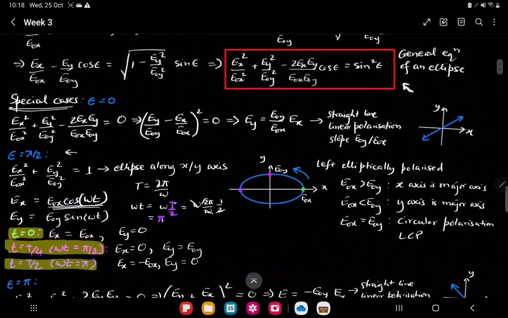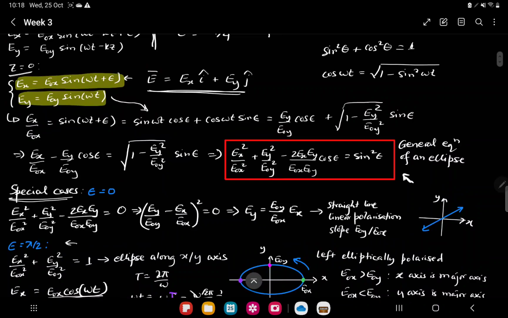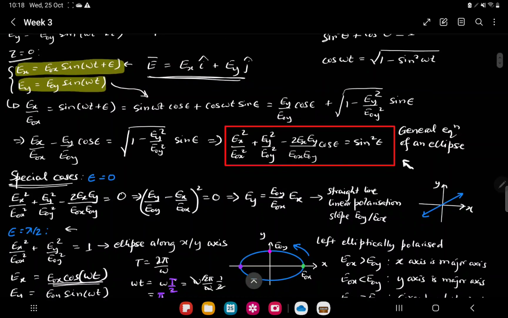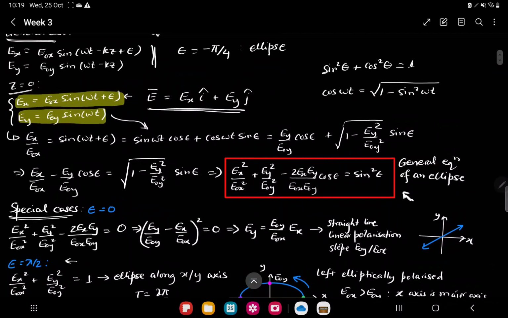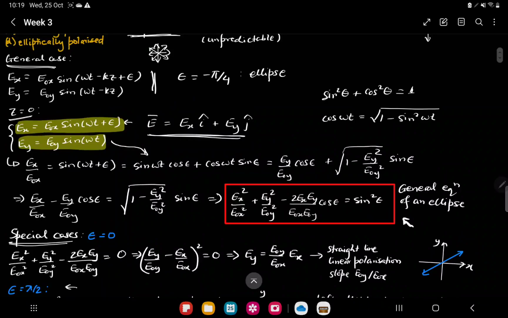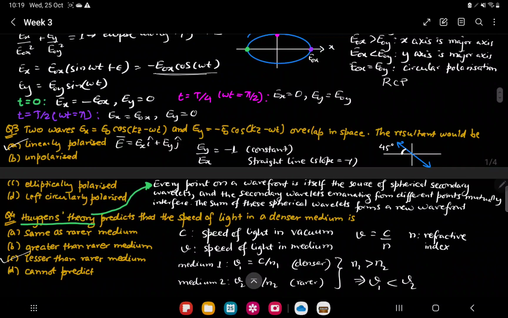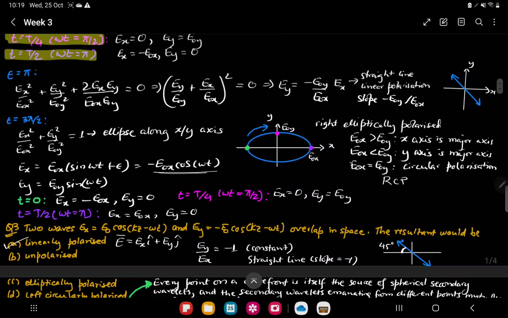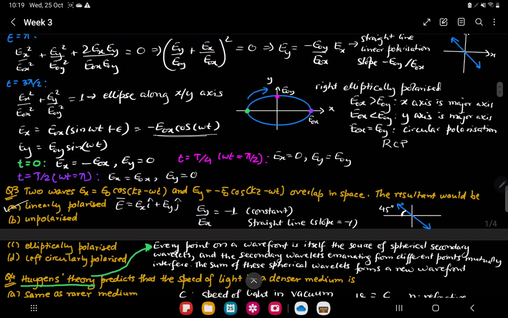And this was the general case where we have the general expression, and if we plug in the special values for this epsilon, then we get linear or elliptical, right-handed or left-handed. So this general expression is very useful when we are trying to find out the polarization for a given case.